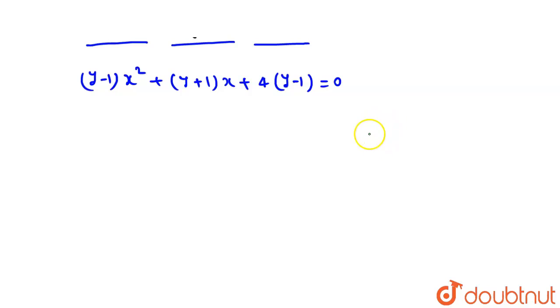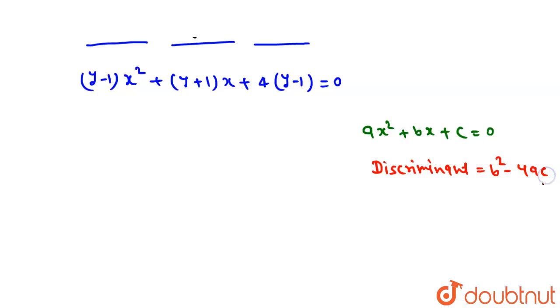So we assume a general quadratic equation ax square plus bx plus c is equal to 0. If x is real, we talk about the discriminant. For this quadratic equation, discriminant is equal to b square minus 4ac, and if x is real, the discriminant D should be greater than or equal to 0, means b square minus 4ac should be greater than or equal to 0.